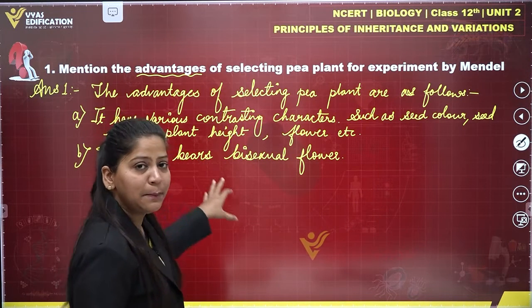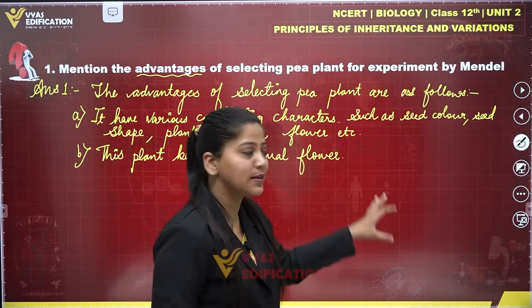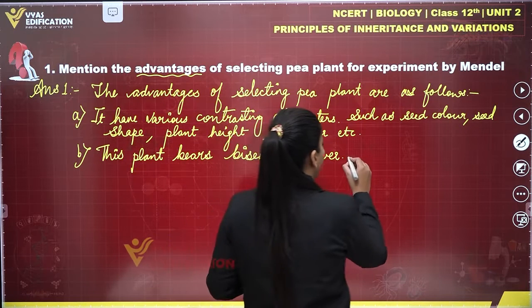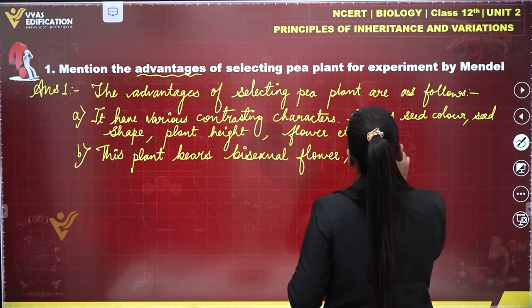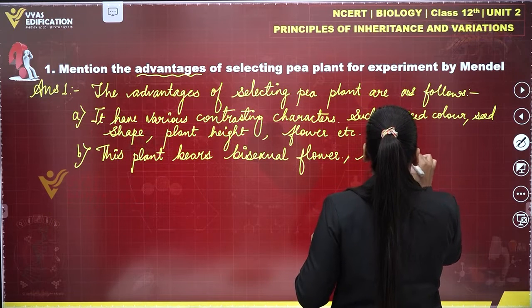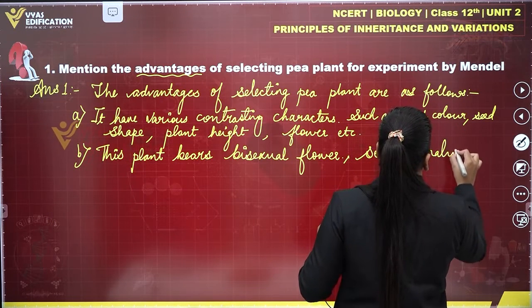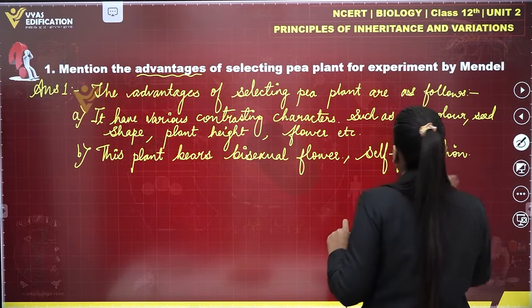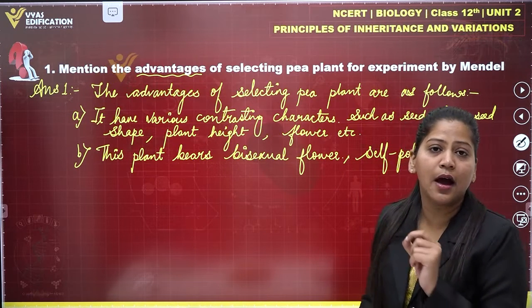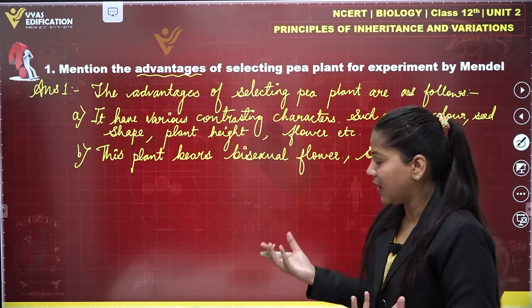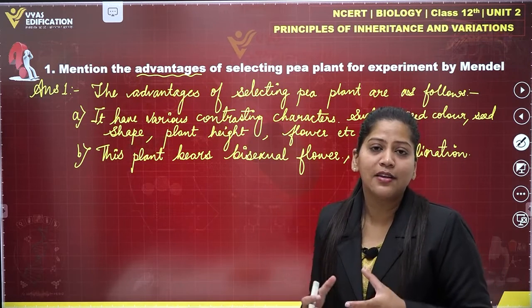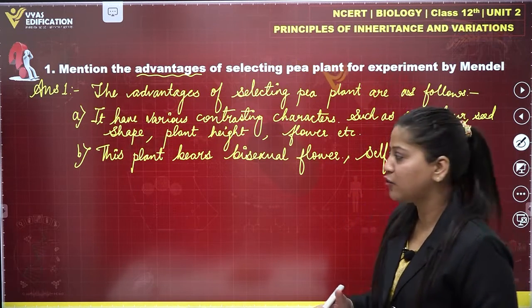So this pea plant has bisexual flowers, and hence it can undergo self-pollination in case there are no pollinating agents such as insects available to them, because they have bisexual flowers.